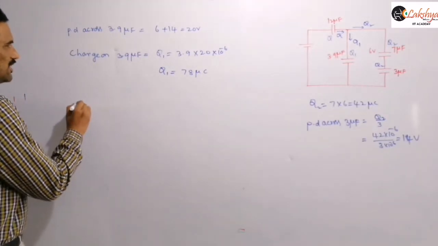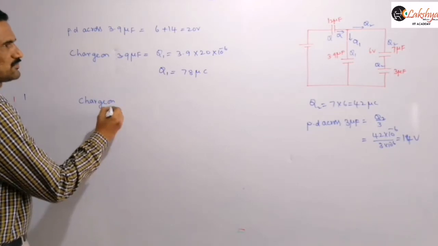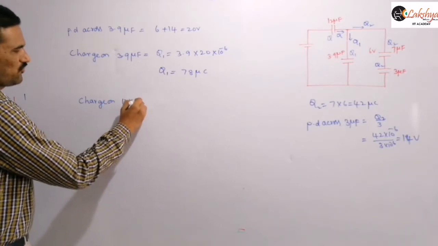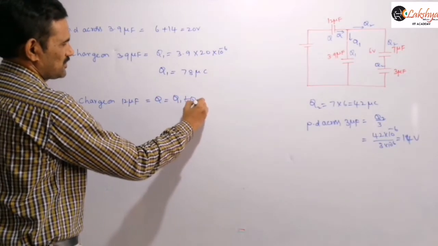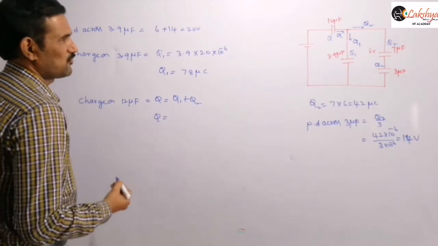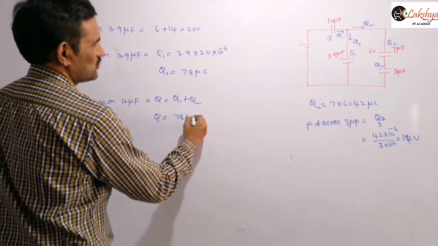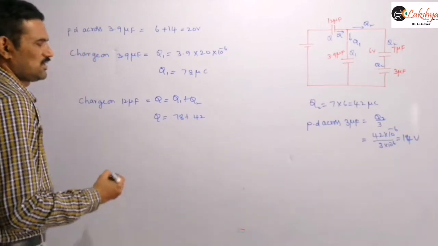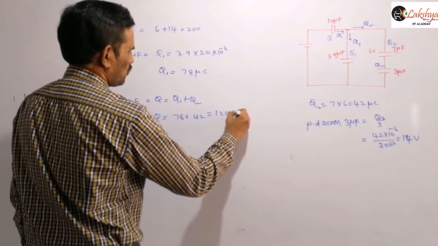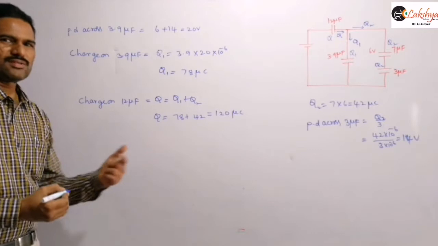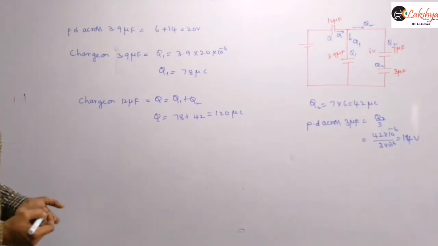And therefore what I can write is, charge on 12 microfarad capacitor is equal to Q is equal to Q1 plus Q2. Therefore this Q is equal to Q1 is 78 plus this Q2 is 42, right? And so that this is 120 microcoulombs. And if you know this charge, and then if you know this capacitance, we can calculate the potential difference.